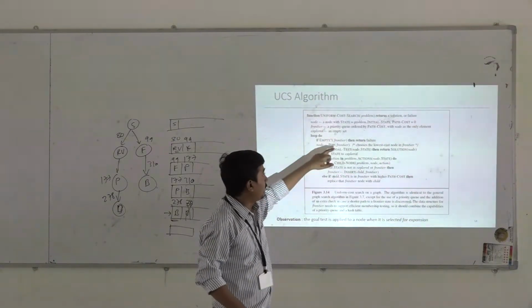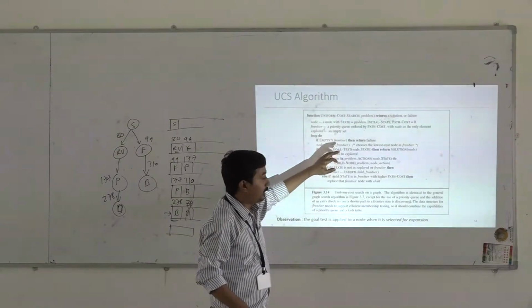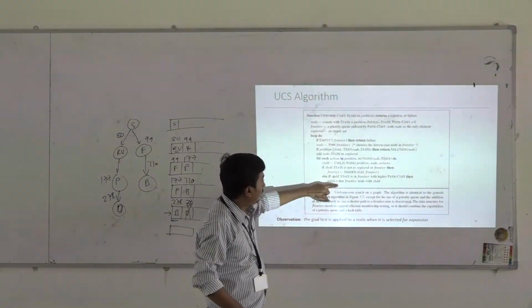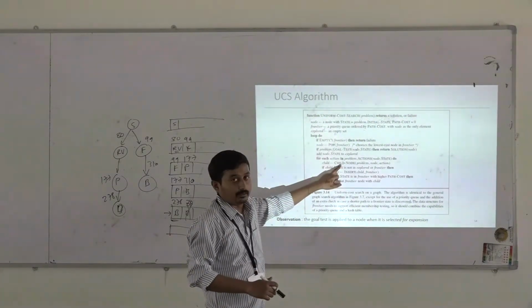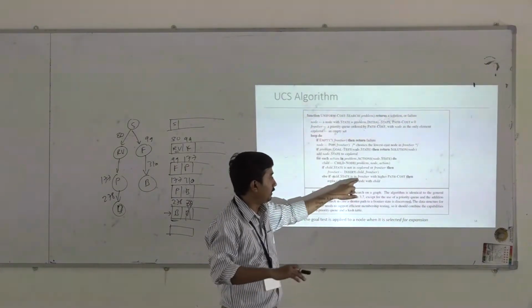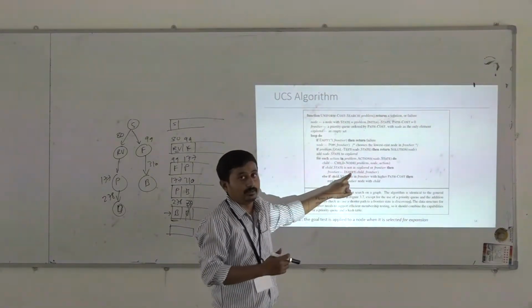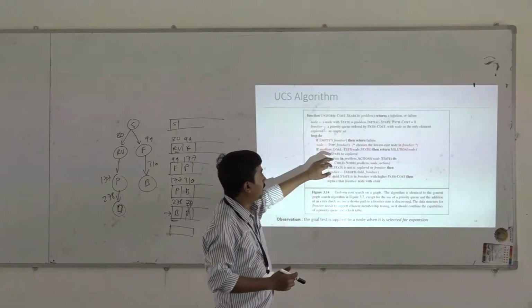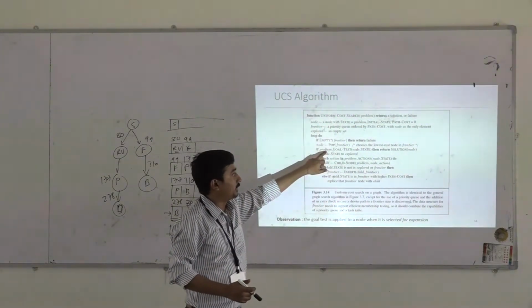Once you are expanding that node, you are applying a goal test here, and you are not applying the goal test at the child. You are directly adding a child, but after checking whether it is not in frontier and explored, you are adding that child. So here the observation is that you are applying the goal test at the time of expansion.